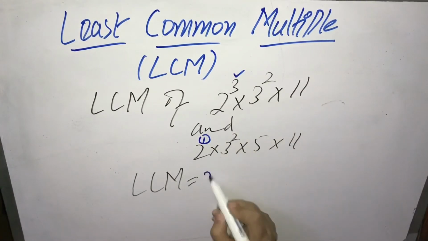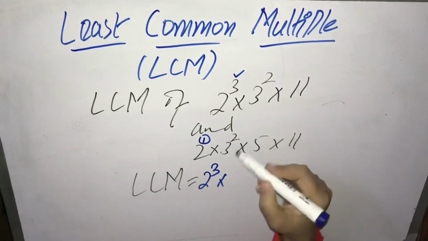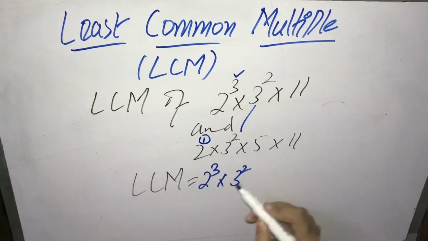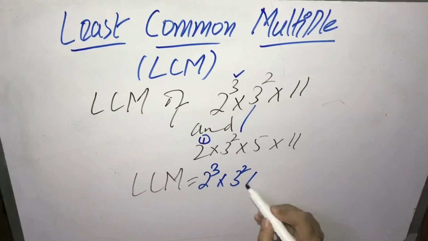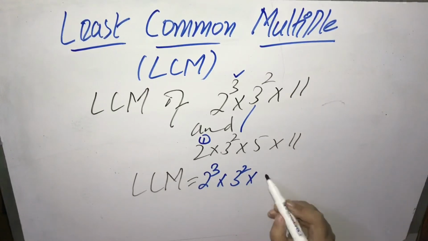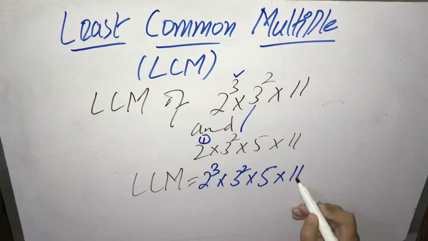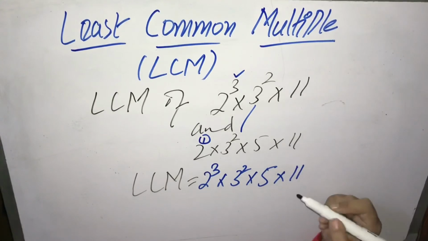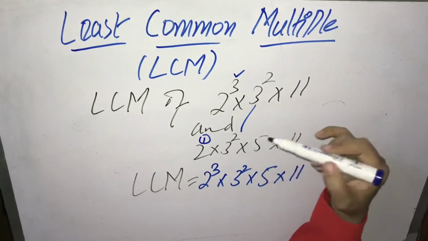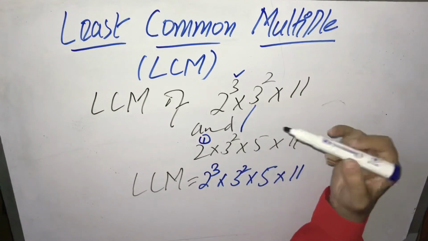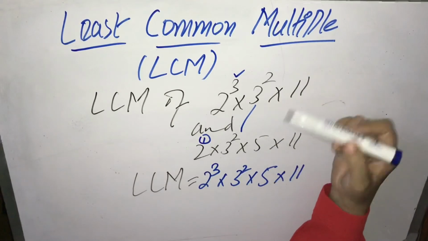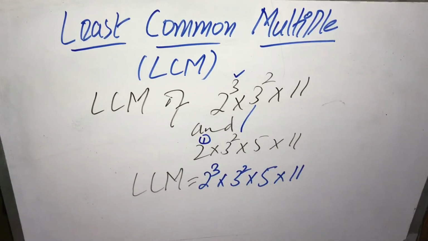So we shall have 2 power 3 cross 3 power 2. Same. There is no 5 here, but 5 will be part of the LCM, and 11 power 1. So in LCM we take the maximum index of which is common, and the number which is not in both will be part of the LCM.